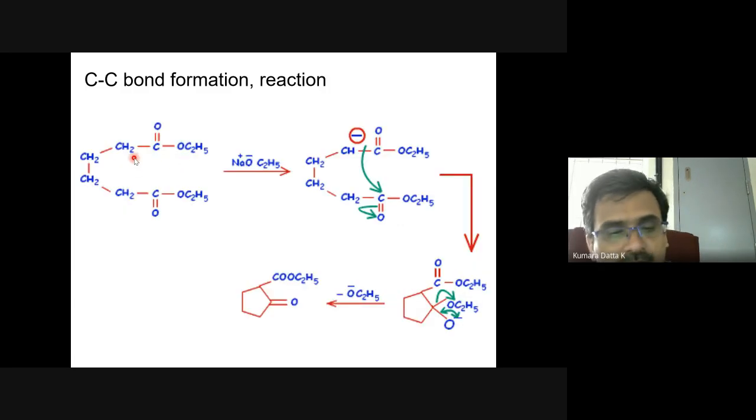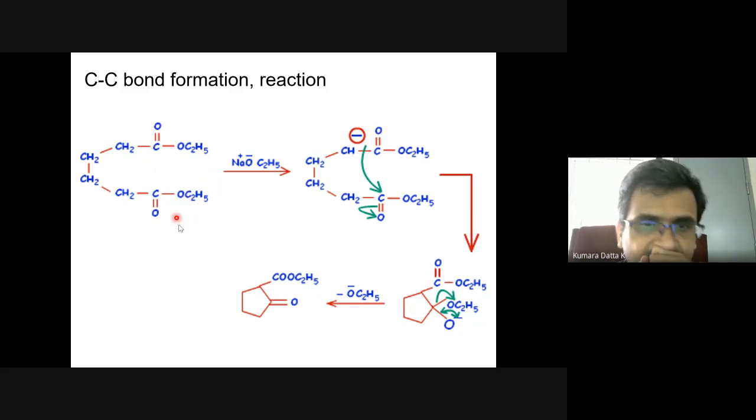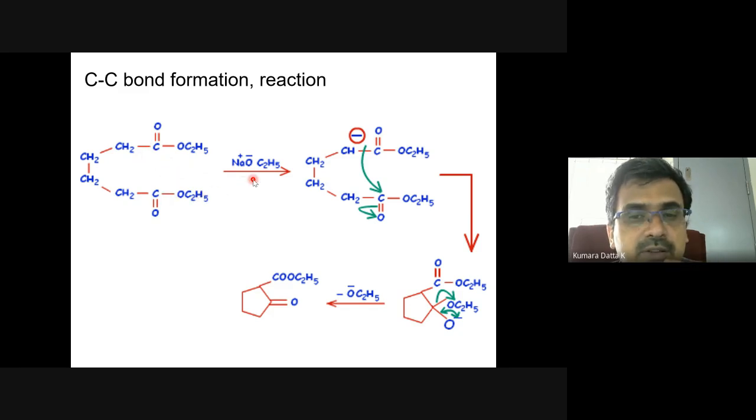Now, for your convenience, you may look into this slide where you have this diester, using sodium ethoxide. Again, you do not have the mechanism in your syllabus, but it is for people who want to understand why it happens.